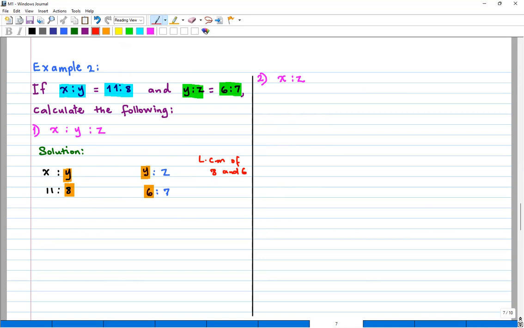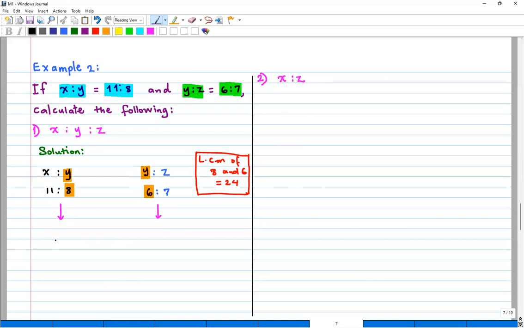Here the common number is 8 for y and 6 for y. In other words, you get the common part in the ratios, x to y and y to z. So the LCM of 8 and 6 is 24. Okay, that is the LCM. Now, we are going to get the new ratios.